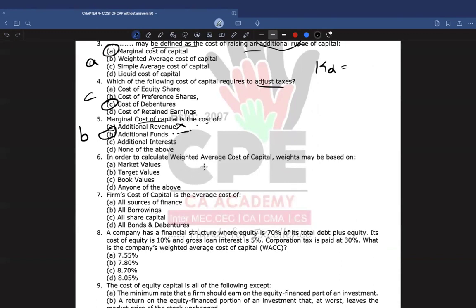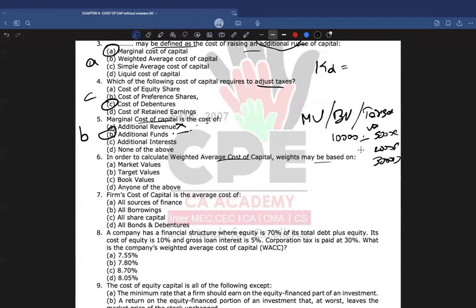సో బి. In order to calculate WACC, weights may be based on, weights can be సమ్స్ చేసినప్పుడు మార్కెట్ వాల్యూ వాడచ్చు అనుకున్నాం, బుక్ వాల్యూ వాడచ్చు అనుకున్నాం, ఆ టార్గెట్ వాల్యూస్ అంటే మీరు ఇంత పర్సంటేజ్ ఈక్విటీ, ఇంత పర్సంటేజ్ డెట్ రేస్ చేద్దాం అనుకుంటే కనుక ఆబ్వియస్లీ దట్ పర్సంటేజ్ కెన్ బి యూజ్డ్ యాజ్ వెయిట్స్ అని, రైట్? సో దట్స్ ర్యాండమ్ ఎగ్జాంపుల్. నాకు 10,000 రూపీస్ క్యాపిటల్ కావాలి, అవుట్ ఆఫ్ విచ్ నేను 5,000 ఈక్విటీ రేస్ చేస్తాను and 2,000 preference raise చేస్తాను, 3,000 debentures.